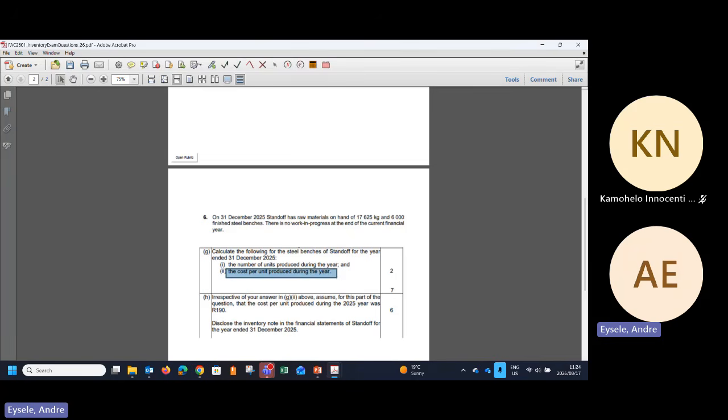Remember, we said we need to take off abnormal spillage or wastages in your conversion costs. You cannot take that into consideration, and we will come back to this, but we are after the very first item, the number of units produced during the year.